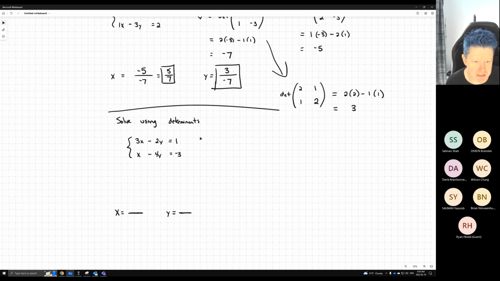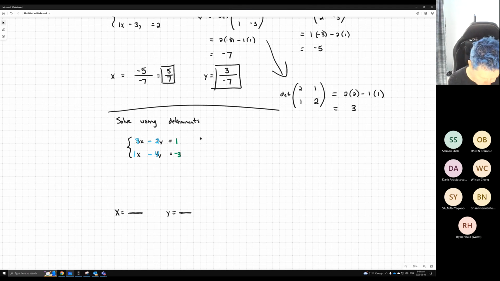So the first thing you do is find del. That's the denominator determinant. So what you should do is identify the leading coefficients. Okay, and of course, you've got the right-hand side constants as well.